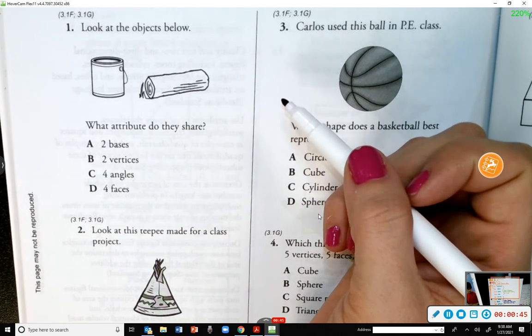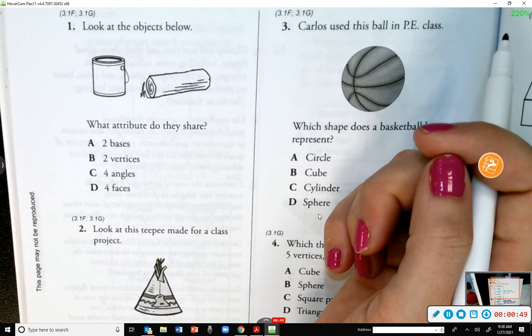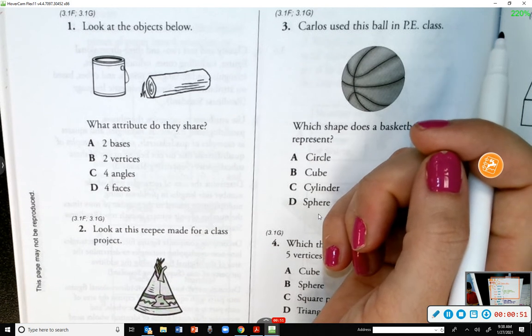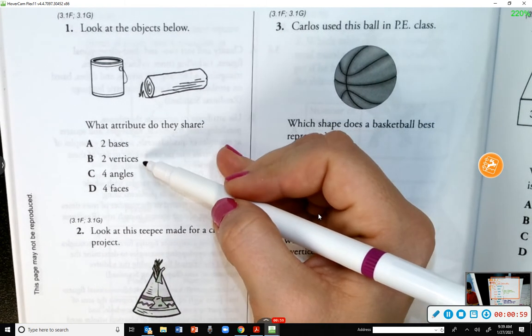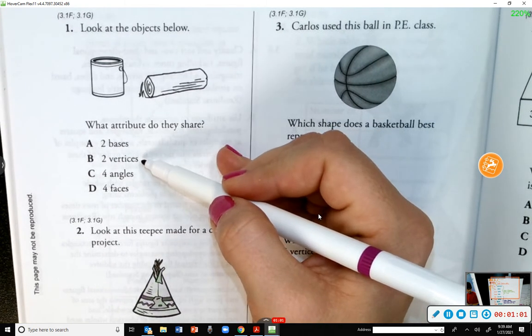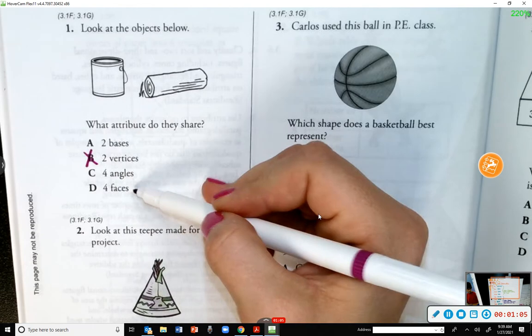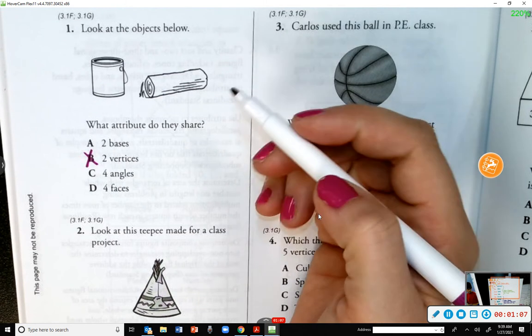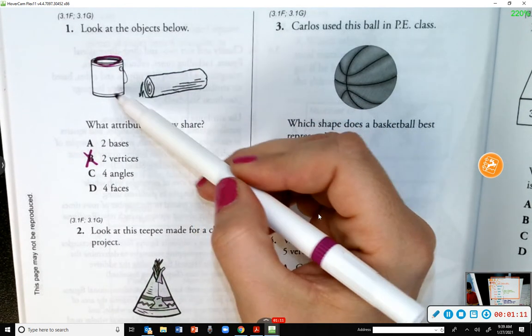You can eliminate four faces and two vertices because they are round, they don't have vertices, and they don't have four faces. Okay, very good, Allie. Allie said we can eliminate two vertices because they don't have vertices, and four faces because they only have how many? Two. Good. The top and the bottom.